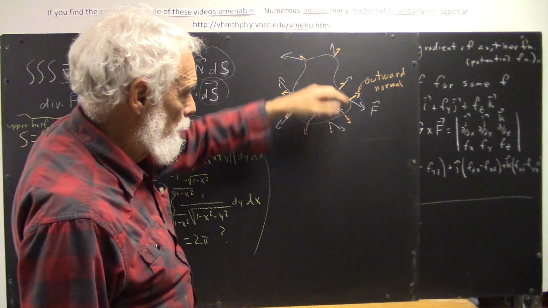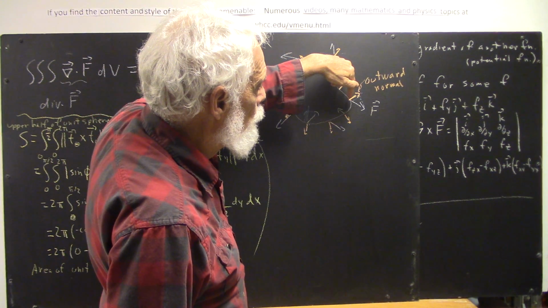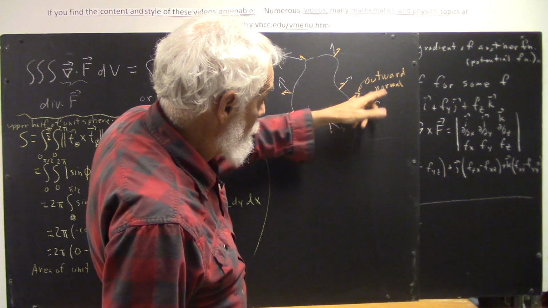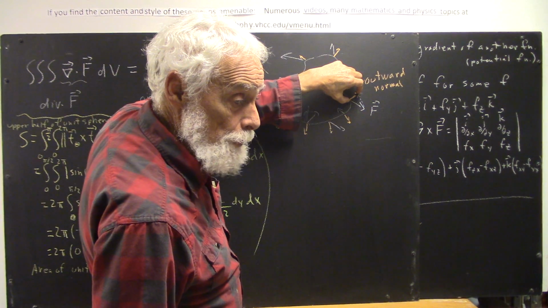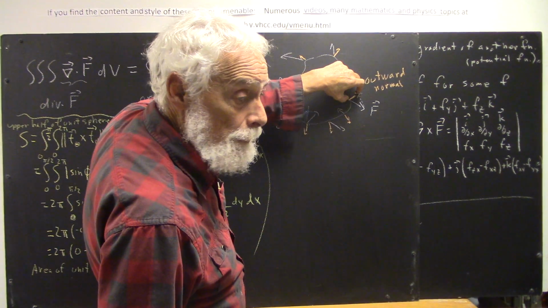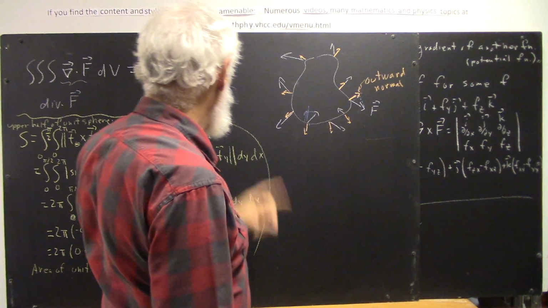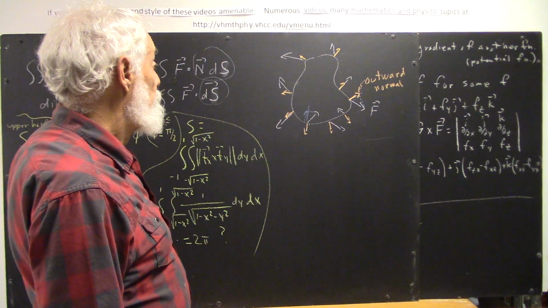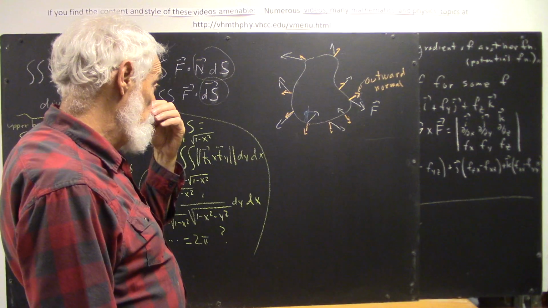Anyhow, if you've got a normal vector here, you can project F onto that vector, and the scalar projection is the component of F in the direction of the normal, and that's what you're integrating here with respect to area. Okay, so that's the general idea.